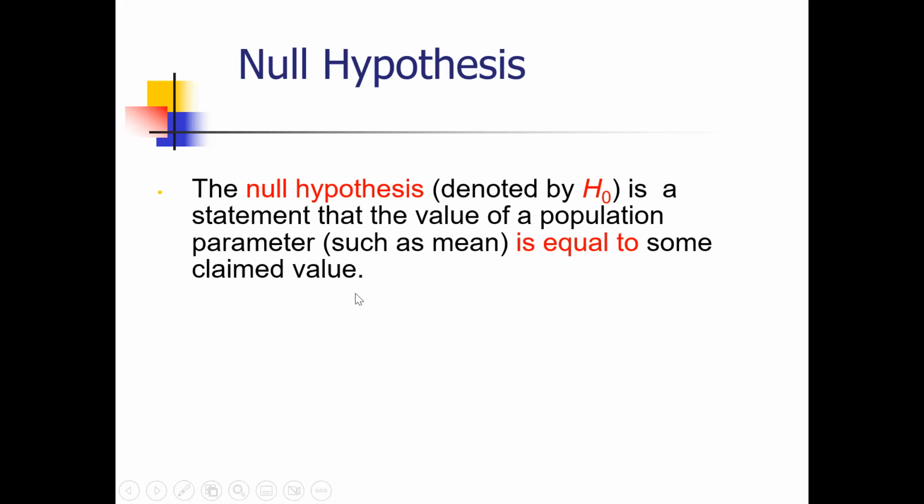Okay. And you could do that by taking a position, right? And then trying to prove against that position. So the null is the position we normally assume. We say it's okay, right?